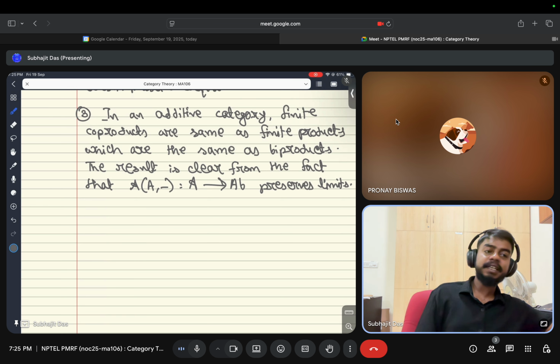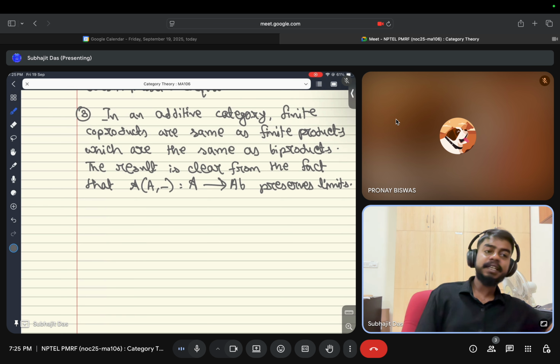And what about 4? Every abelian category is complete and co-complete. Is this true or false? Okay. You have to be a bit careful here. What is the definition of an abelian category? It's an additive category which has equalizers, co-equalizers. Every monomorphism is a kernel.